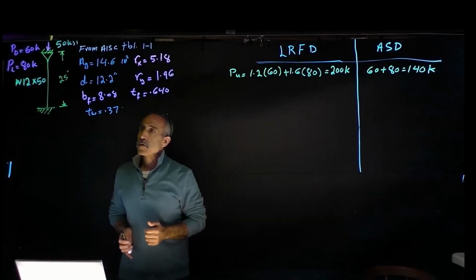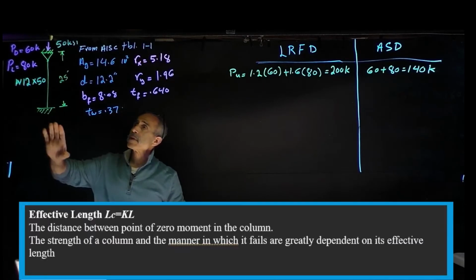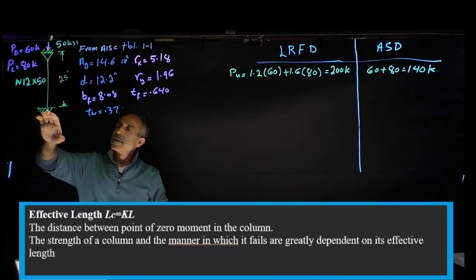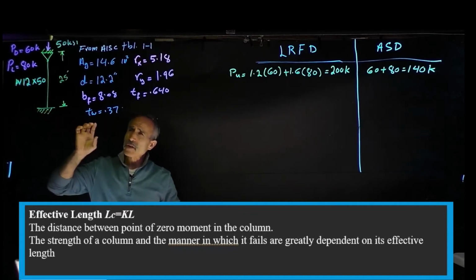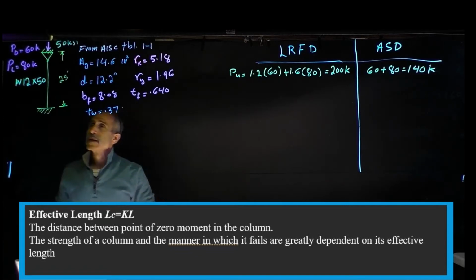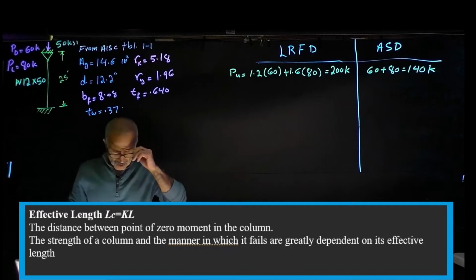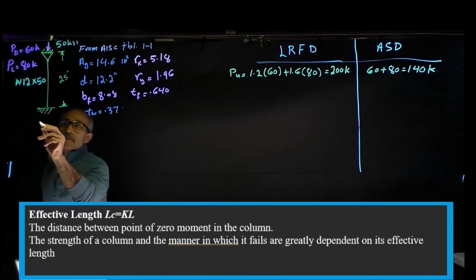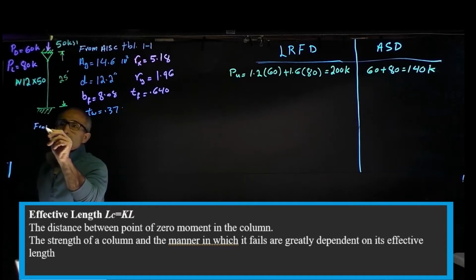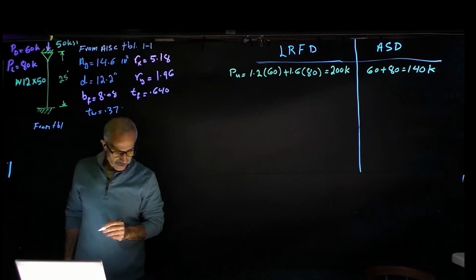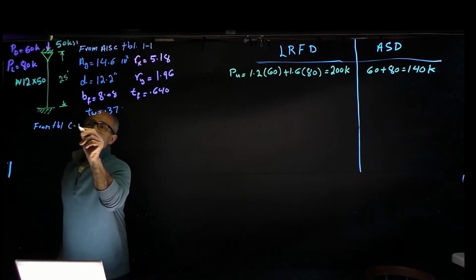Now we're going to check the effective length. Remember, it's really important how the ends of the column are supported for effective length, because the column strength really depends on it. See what I have on the screen. This is from the AISC table C-A-7.